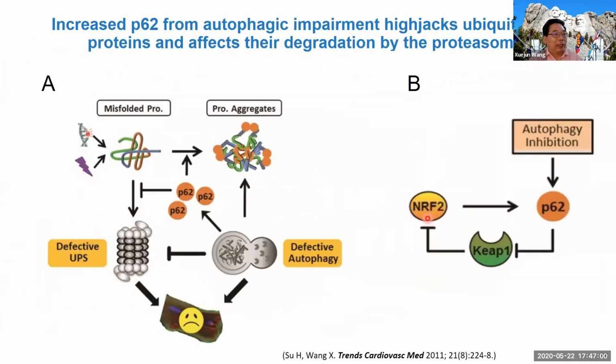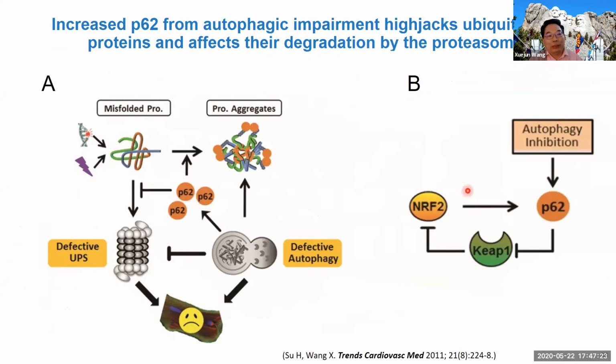So to summarize the second part: when you inhibit autophagy, or when you have autophagic impairment, you increase P62 in at least two different ways. One is protein stabilization, because we know P62 is degraded by autophagy.